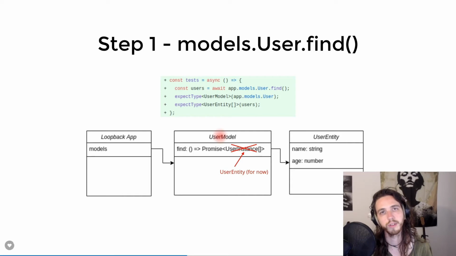We'll also need the user model type, which will have the find method, which will not return an instance for now, but a user entity. It's really for the sake of simplicity. We will implement the user instance later on. Note that this is a promise, so it should be asynchronous. And we will have to implement the user entity type, which will have the name and age properties.